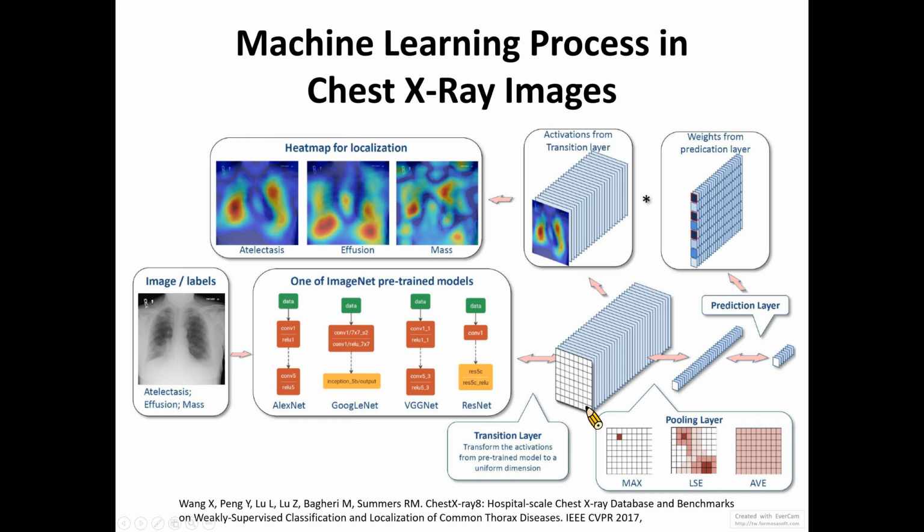So when we use these pre-trained models to learn how to see a certain diagnosis in a chest X-ray, we will try to visualize the transition layers, which are the convolution layers, and see what the model sees in the chest X-ray images if it has correctly identified the abnormality.